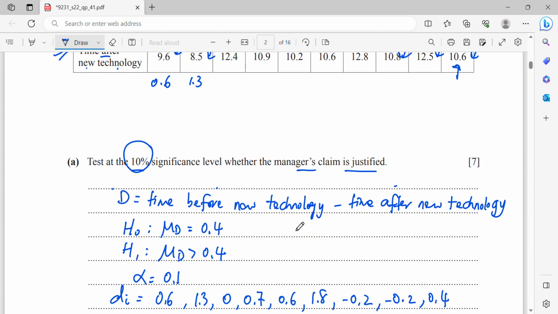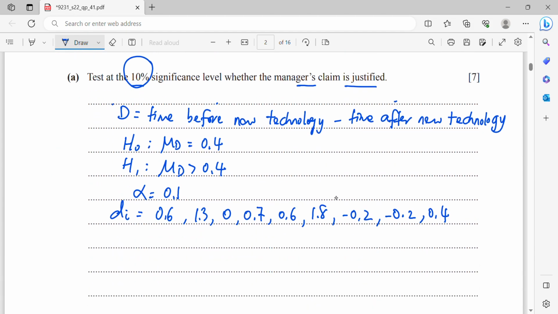Now from here, I need to calculate what is my summation DI. So now my summation DI will be 5.6, means that you add up all the values. Then the summation DI squared means this is 0.6 squared plus 1.3 squared plus until 0.4 squared. So this is how we count this value.